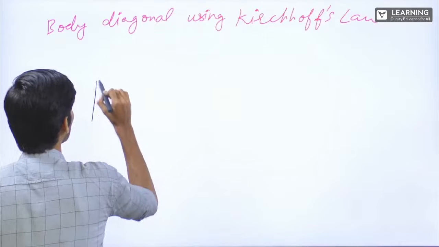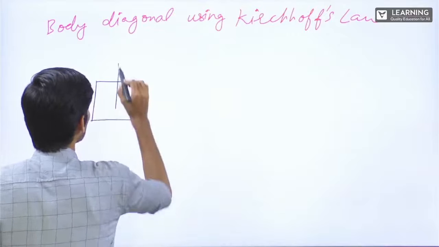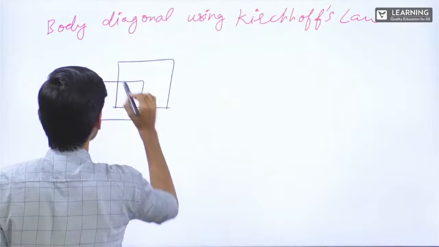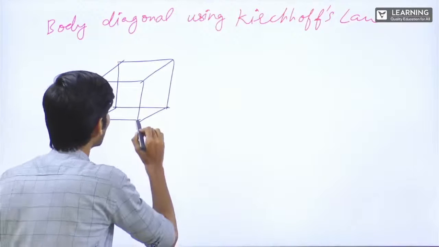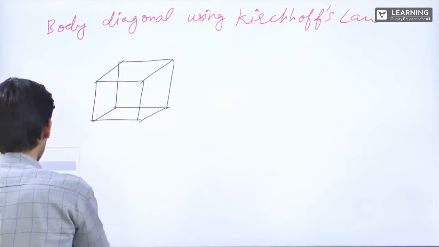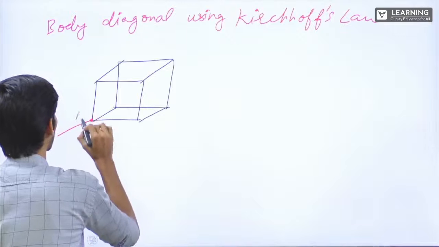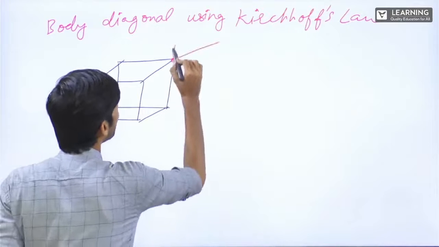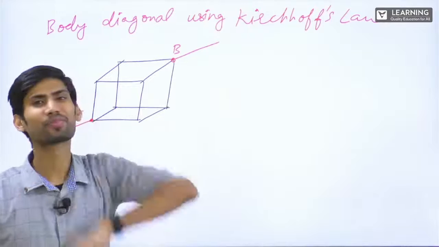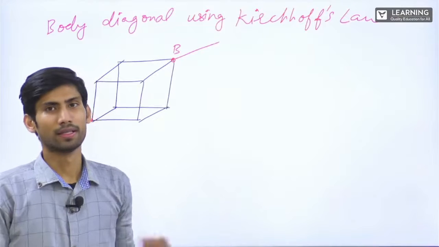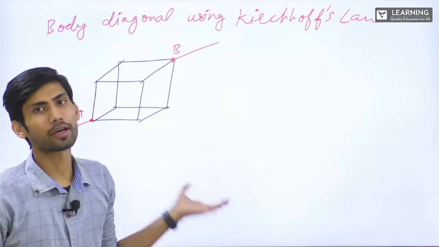Okay, so I have this cube. Just assume all the sides are having resistance R. I am not making it, otherwise it will become dirty. Fine. Body diagonal means one point is here, one point is here. Now I'm going to use Kirchhoff's. For Kirchhoff, the first step is to distribute current. Okay.